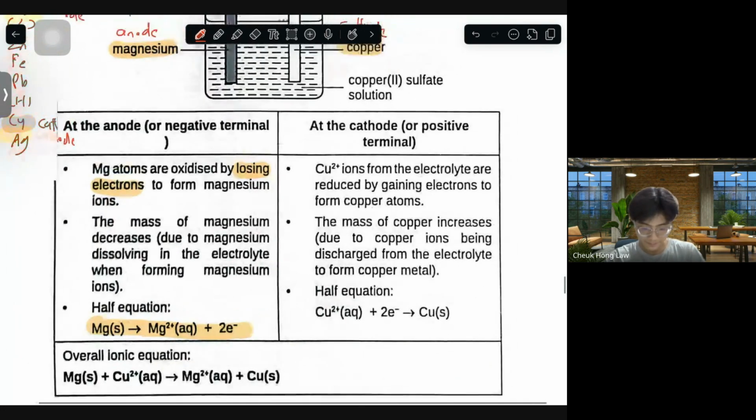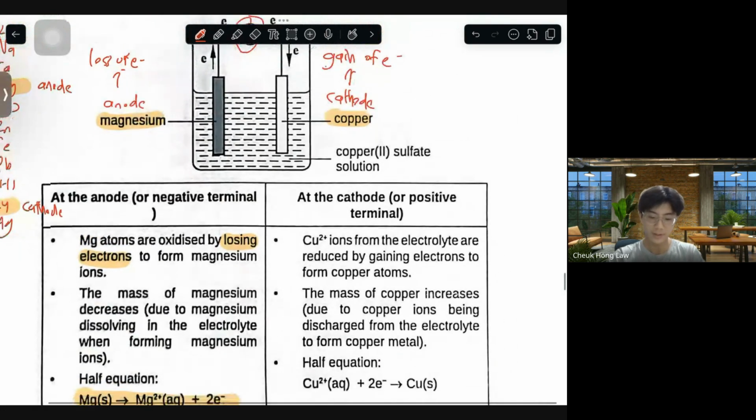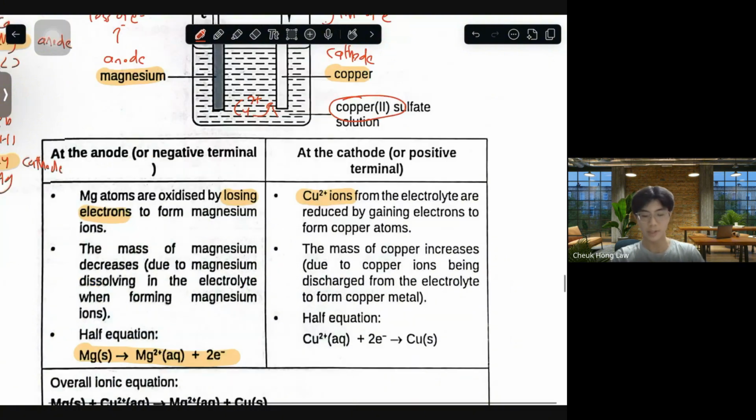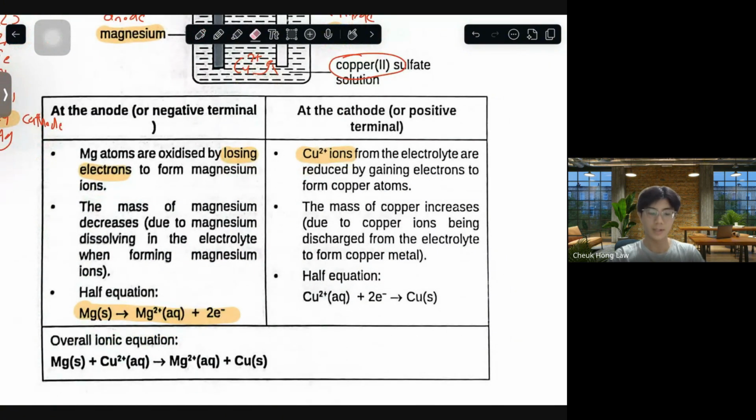So we were at copper cathode, right? At the cathode, gain of electrons happens. Your Cu2+ ions, remember this is copper(II) sulfate, right? You have Cu2+ ions here. They will be attracted to the cathode and gain electrons to form copper.